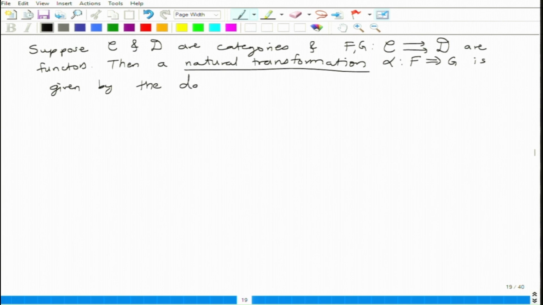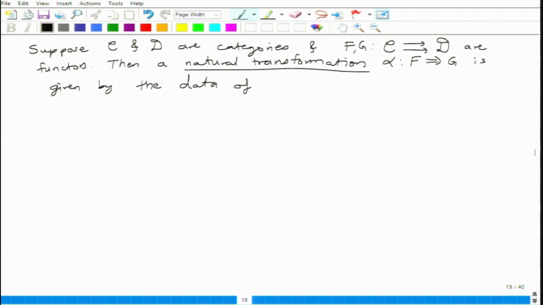the data of, okay, before I complete this statement, I want to emphasize the word natural. Whatever is happening here is natural in the sense that the data that we are going to choose is coherent. It is the most obvious choice that we would make.